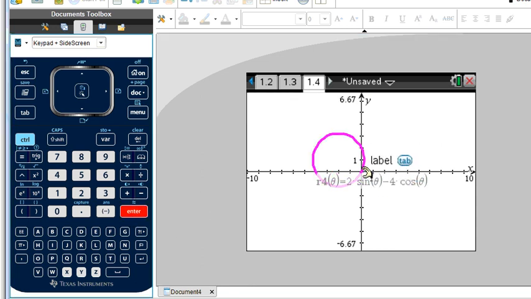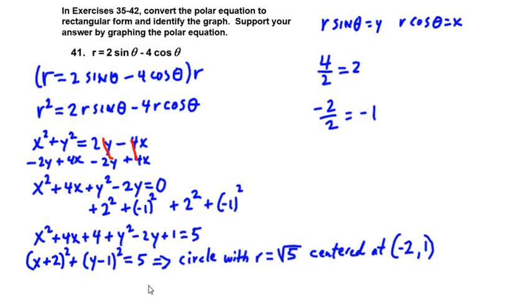Okay, we have a circle of radius square root of 5. That looks like it could be right. It's going to be about a diameter of roughly 5. And then our center is going to be at x equals negative 2 and y equals 1, so about right here. So that looks pretty good. So I'm going to go ahead and box in these answers as correct.